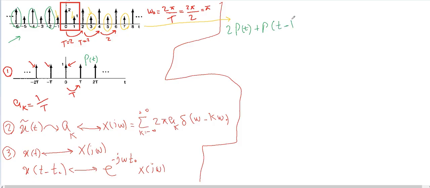Also, the Fourier series coefficients of the signal P of t are equal to 1 divided by T, which in this case is 1 divided by 2, and omega 0 will be equal to π.